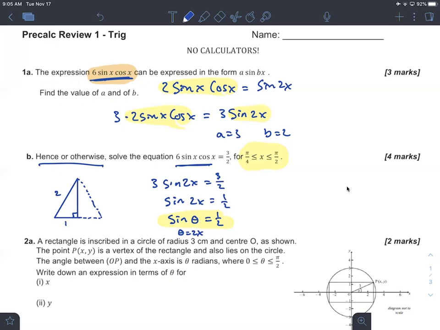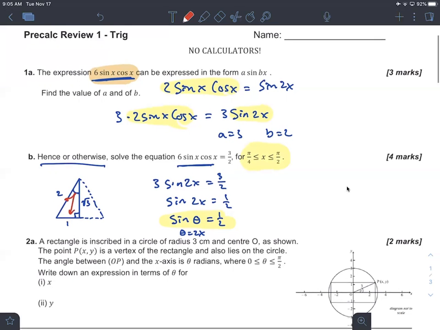And if you use the Pythagorean theorem, you get the square root of 3 for the other side. It's not going to be relevant to this problem because I want this angle for sine to give me opposite over hypotenuse, which is what sine is defined as. And so that angle right there, theta, is going to be pi over 6. So it's one of those special right angles.